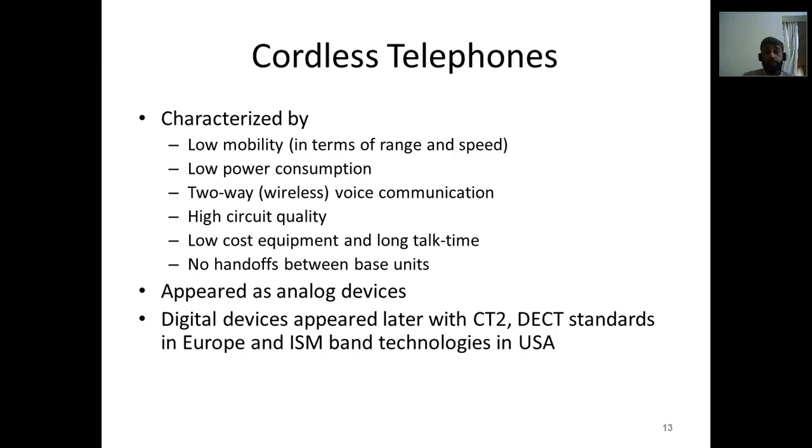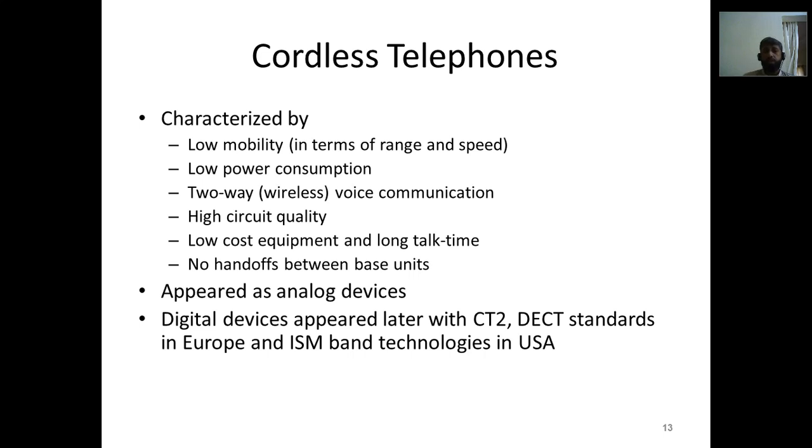The good thing is that it provides two-way communication, meaning it's full duplex communication, because there is a dedicated base station and a dedicated cordless mobile handset. Generally circuit quality is very high, the equipment cost is low, and this equipment can be used for longer talk time.